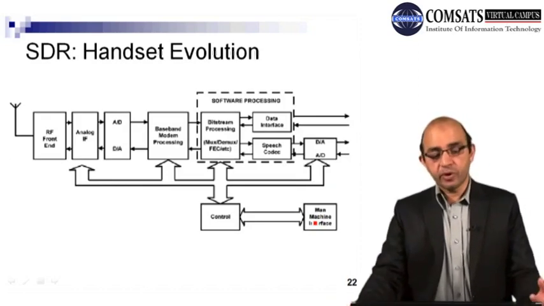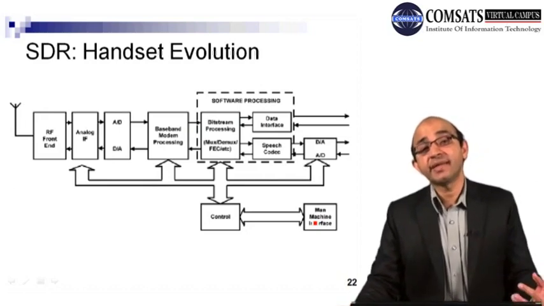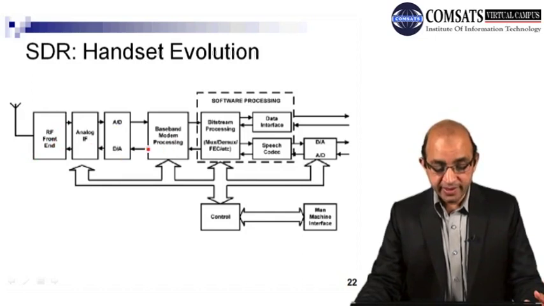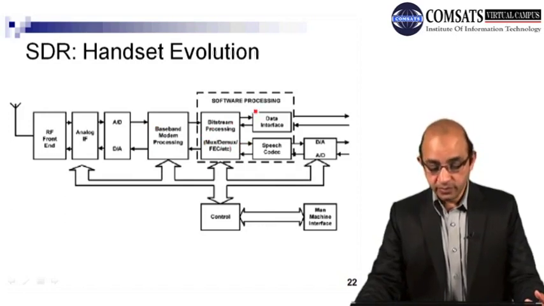So if we talk about the handset evolution, you can see we have the blocks performing different functionality for a cell phone, for a handset: RF front end, analog IF, A to D converter, D to A converter, and this is the baseband modem. And here we have the software part, right?